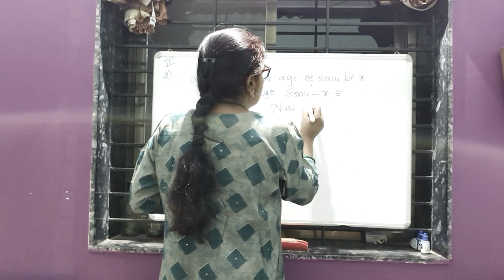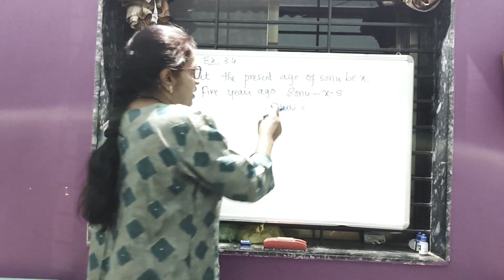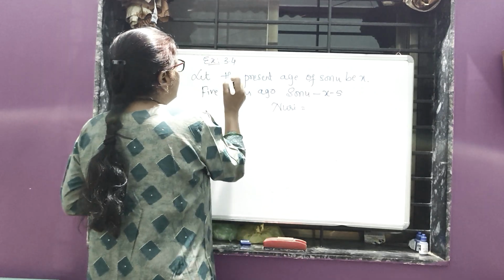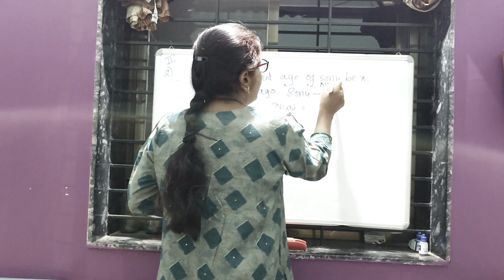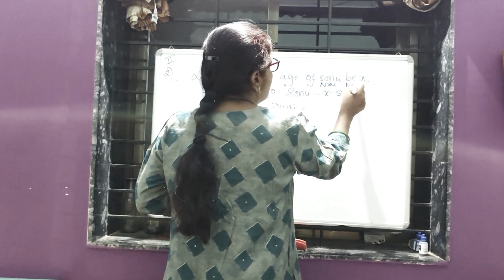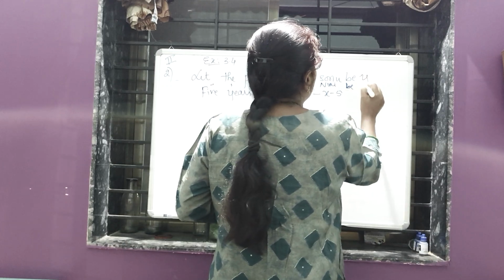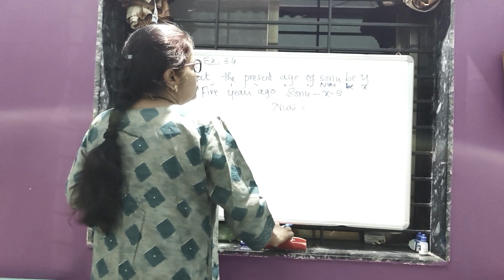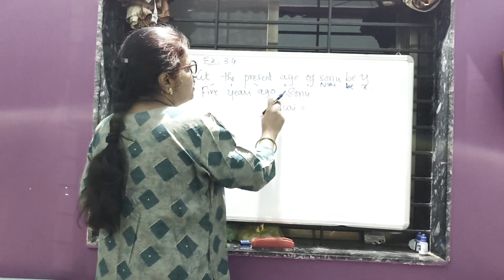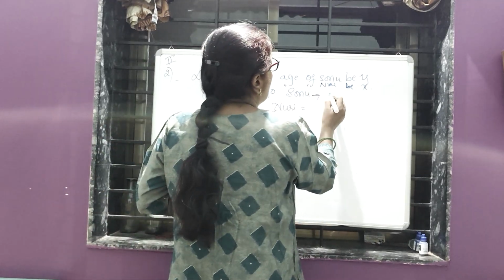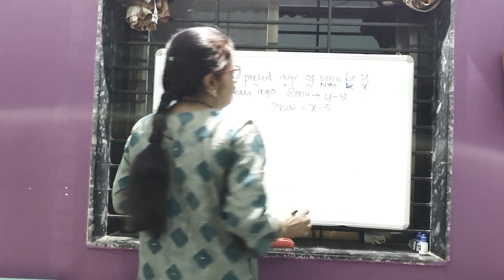That means, yes children, here we have to take, let the present age of Nuri also be y. Or you can take Nuri as x and Sonu as y. So 5 years ago Sonu was y minus 5 and Nuri was x minus 5.